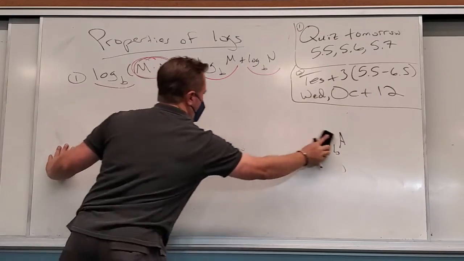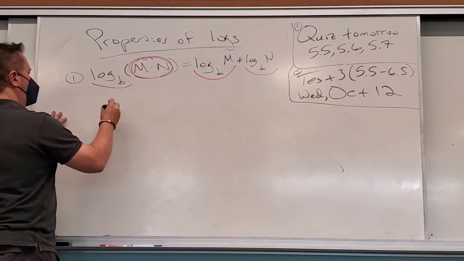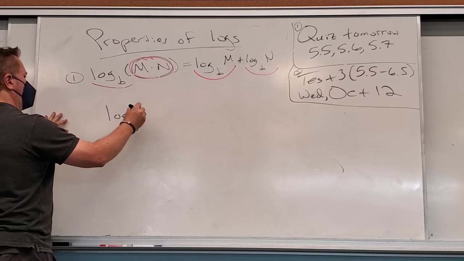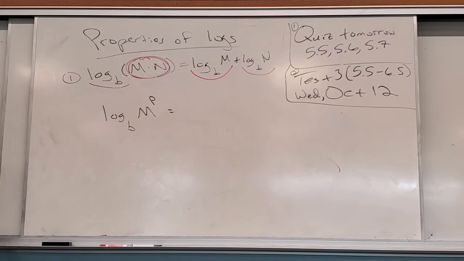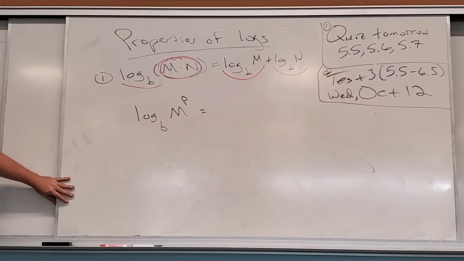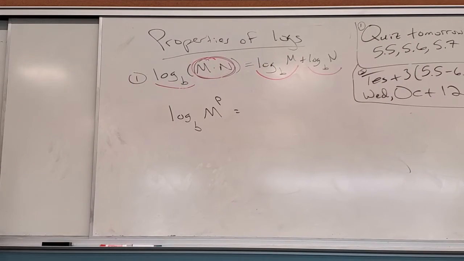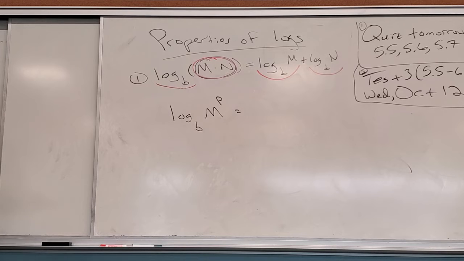So, what if I had log base b of m to the p? I know some of you are wondering, can I get a number in here? Too bad, we got a bunch of letters. How many m's are in there? And what are they doing to each other?